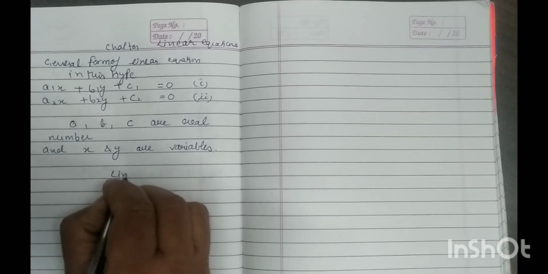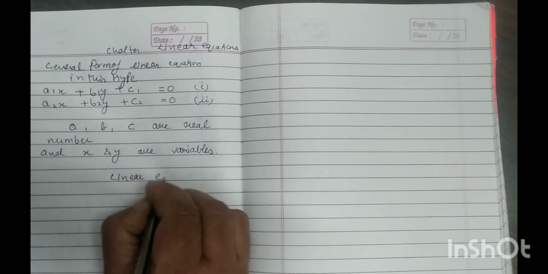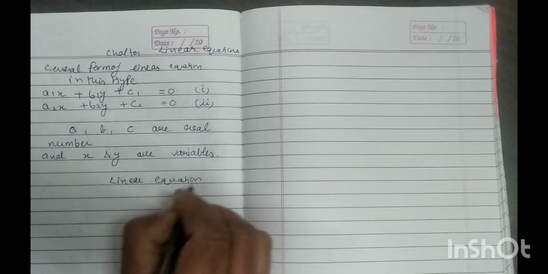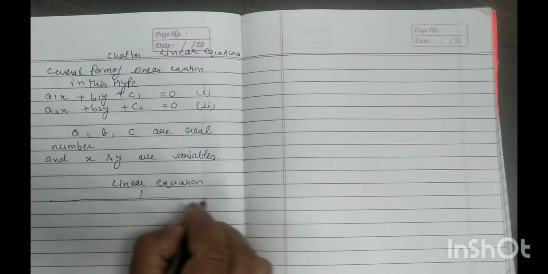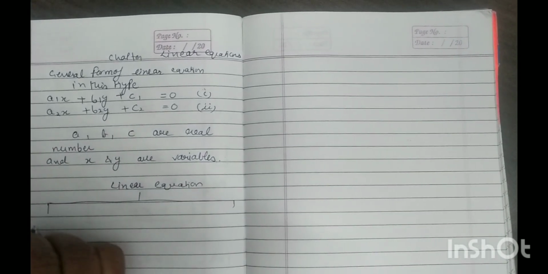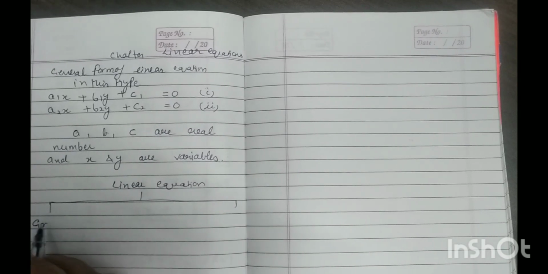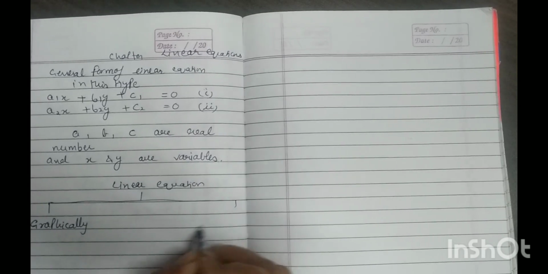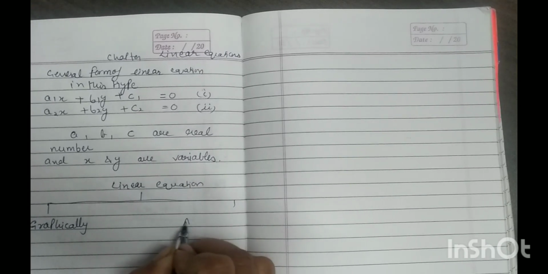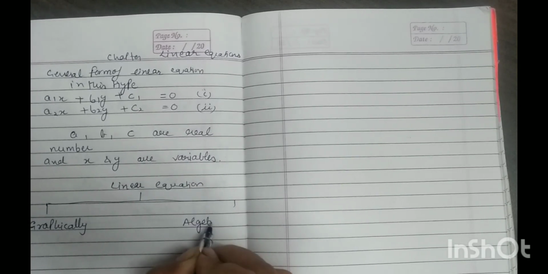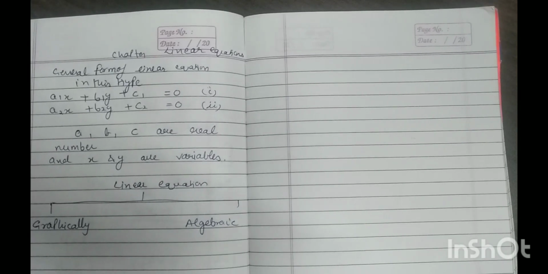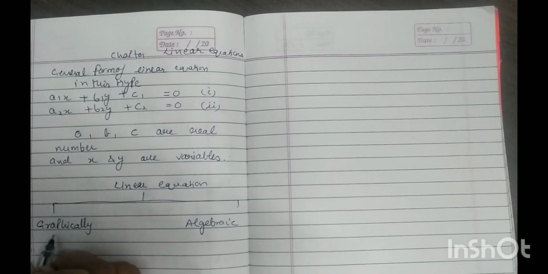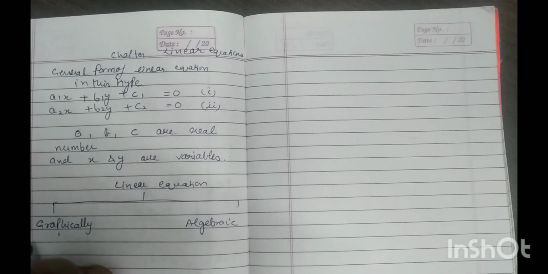Linear equations can be solved by two methods. First method is graphically, and second method is algebraic. Graphically भी three types.